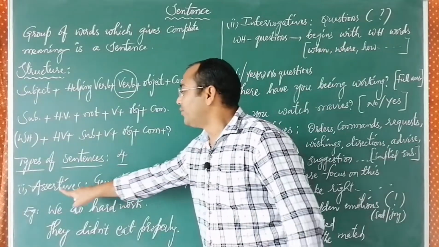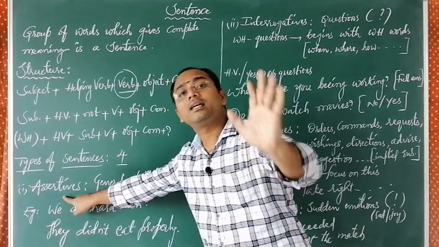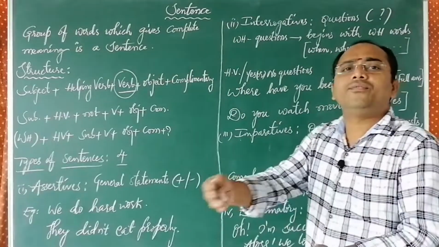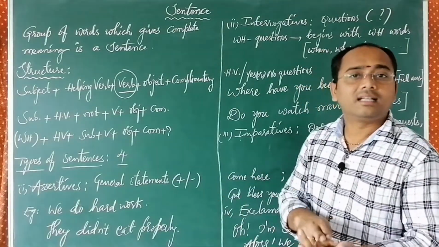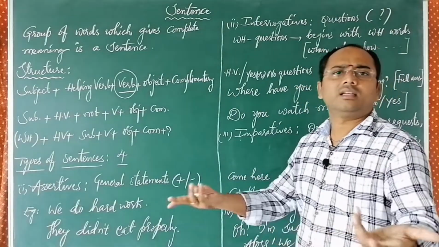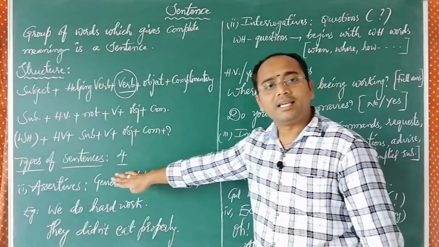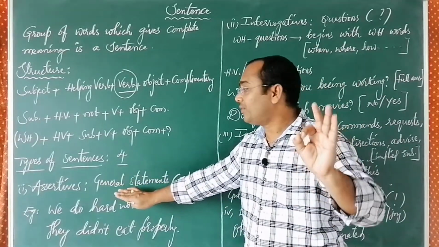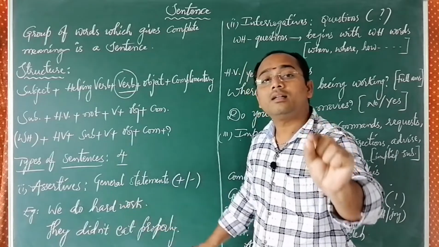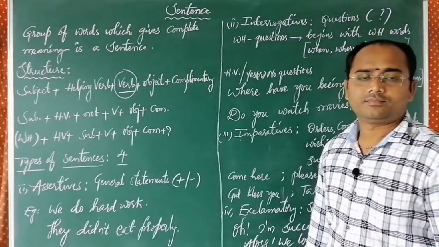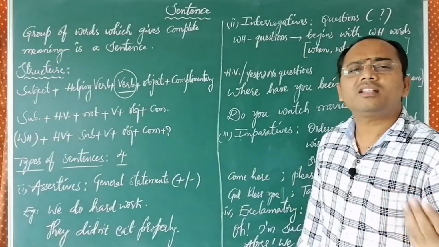Among those four, the first one is considered as assertives. Of course, we have various names: assertives, declaratives, statements. Anything is considered the same. The definition of assertive is general statements, whatever I speak as a general statement.